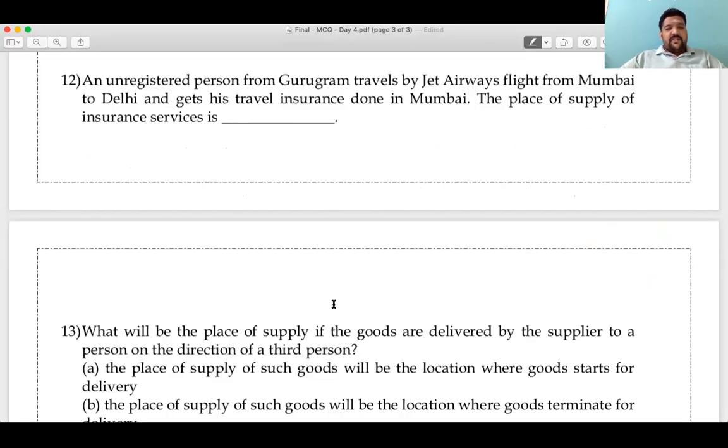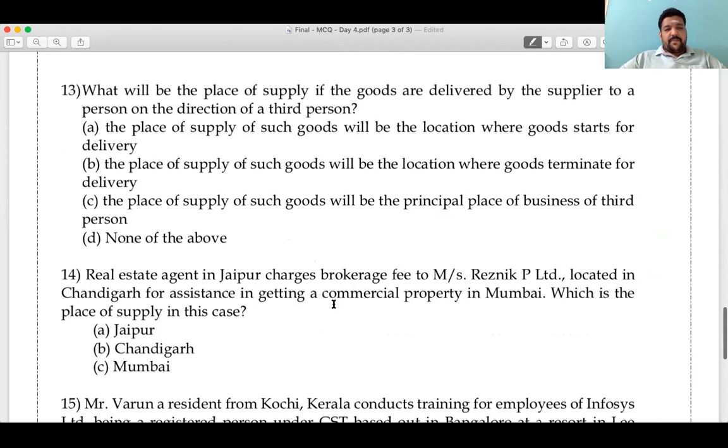Understand why all this comes up as questions. Be it a registered person or an unregistered person, there is no change in the call. For both of them, it is going to be the location of recipient. It's only a classification we have.